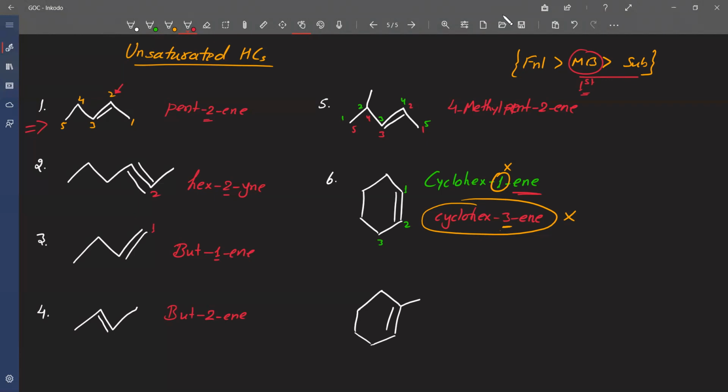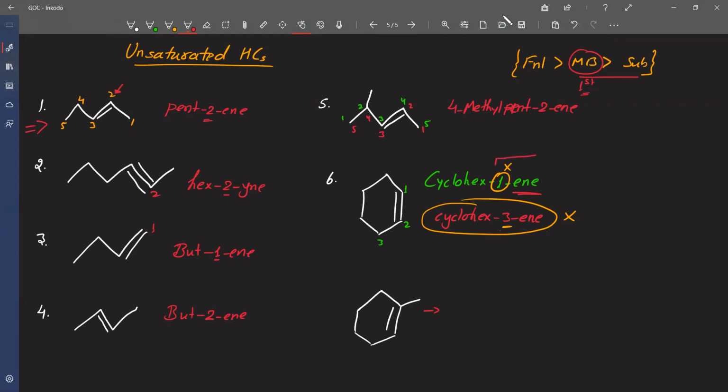You understood? Okay. So what will be the name of this compound? Do we write 1-methyl here? Just write methylcyclohexene. Do we write 1-methyl here because it's obvious that it will be one? So we just write methylcyclohexene.